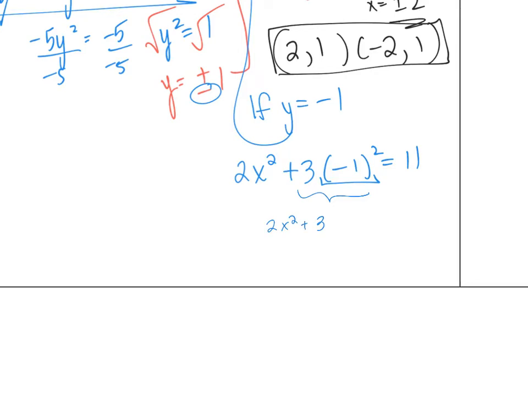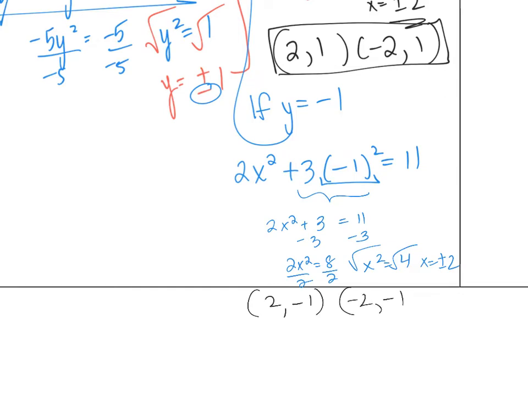And this looks like what we just did a moment ago. Minus the 3, we get 2x squared equals 8. Divide by 2, we get x squared equals 4. We square root, and so we get x equals both plus and minus 2. So that means that if y was negative 1, it came from a 2 or from a negative 2.